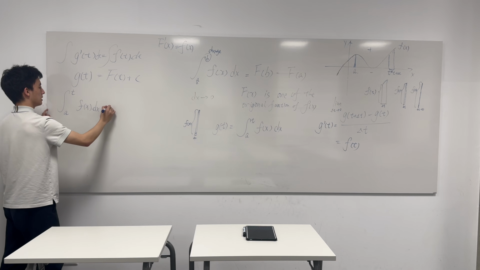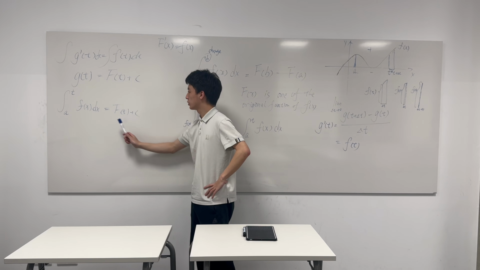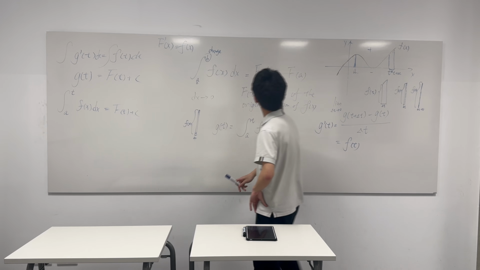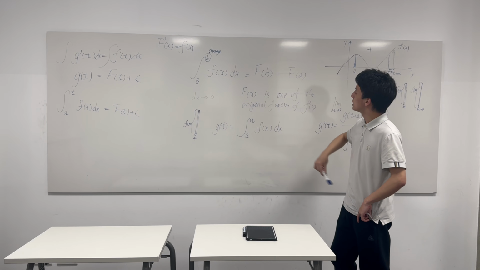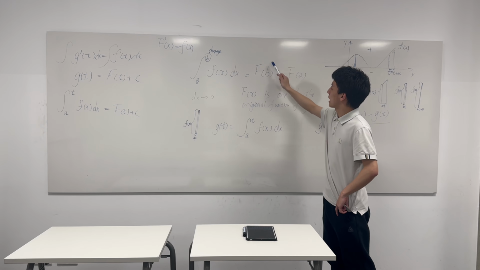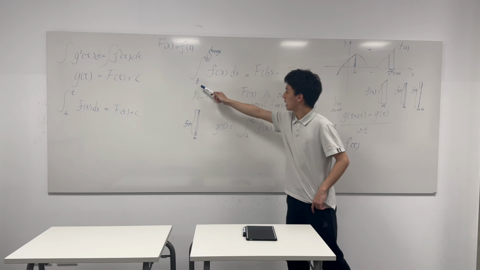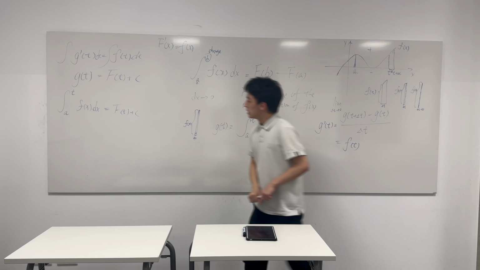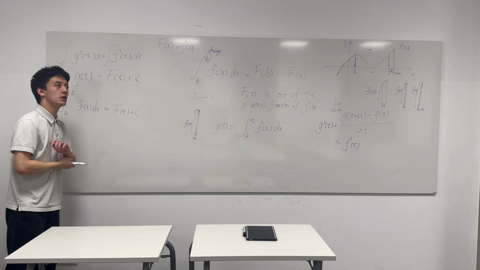Okay, it's not done yet. Why? It's because we still don't know how much c is, and for here, we know it should be capital F, the thing on the top, minus the capital F of the thing at the bottom. Therefore, we have to use the thing.